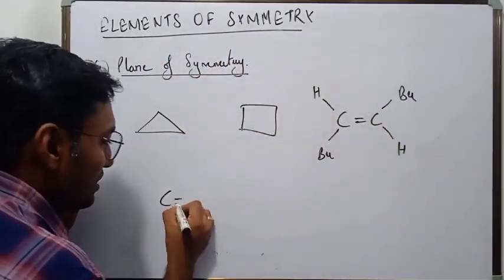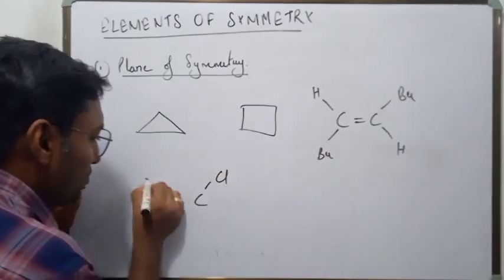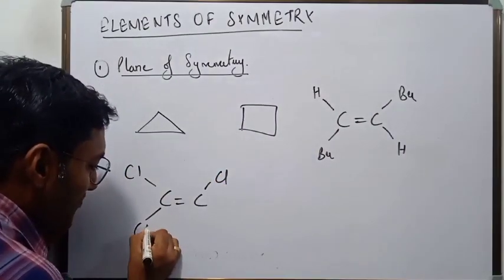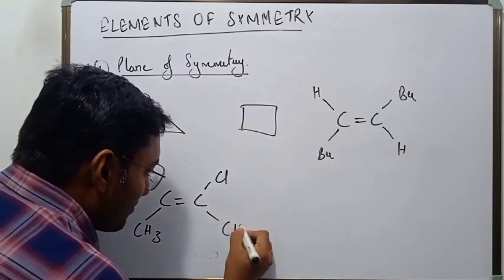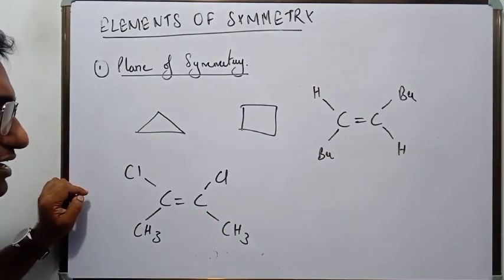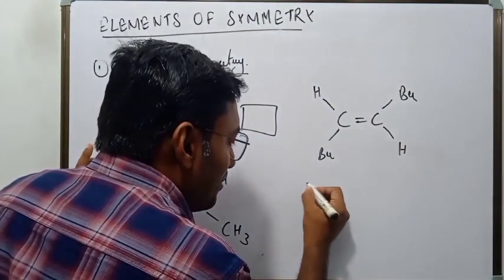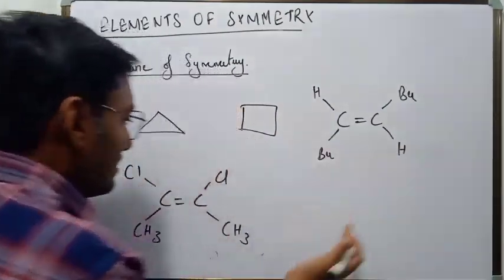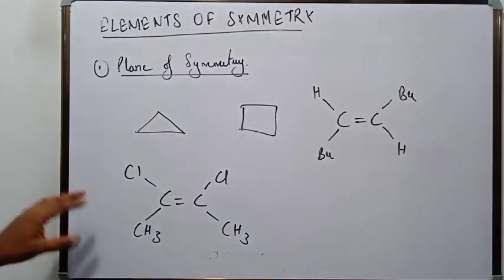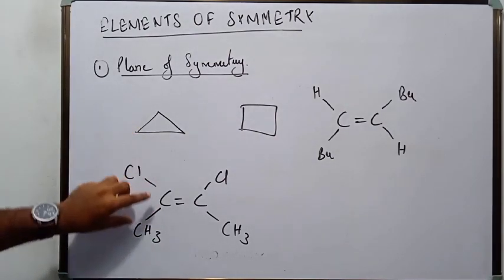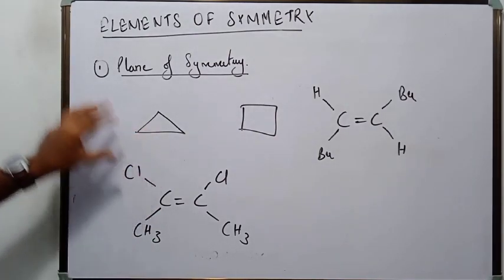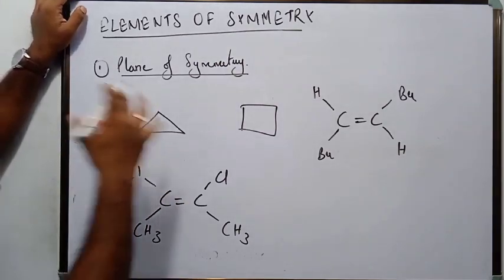Now I am taking 1,2-dichlorobutene. And I can take another example also, but I will take that later. All these have achiral carbon atoms. Now let us see whether they have a plane of symmetry or not.